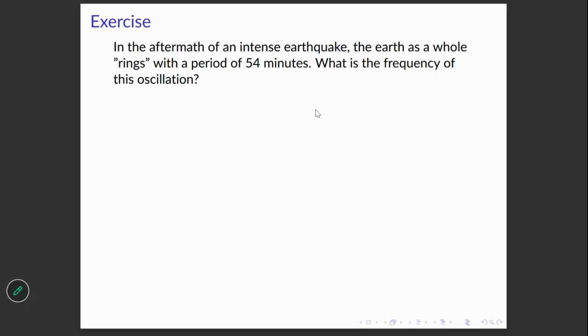Graph y equals sine of 0.0019x and set your window so the max x range is, for instance, 3240 seconds. If you set max x to 3240 and hit graph, you're going to see a very familiar looking face. Try it.